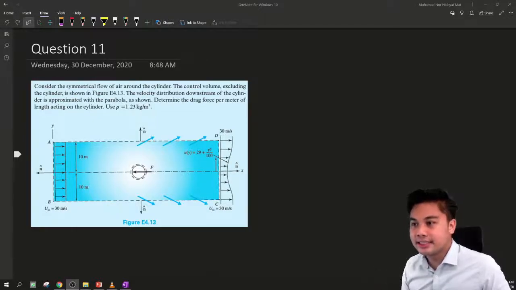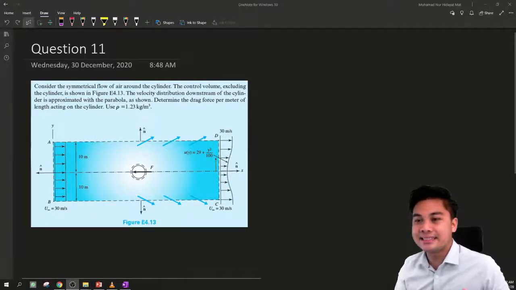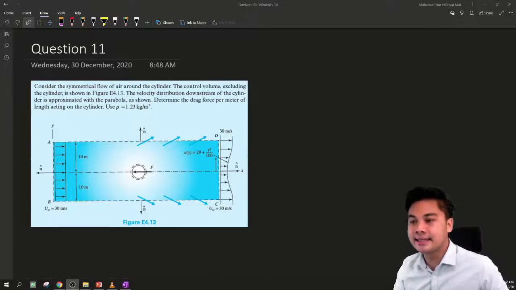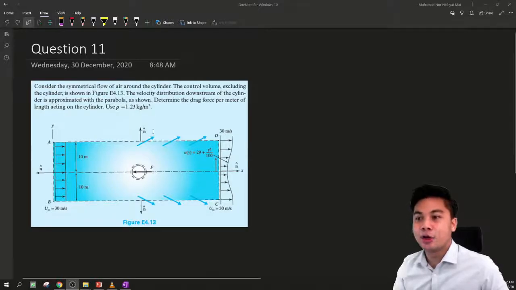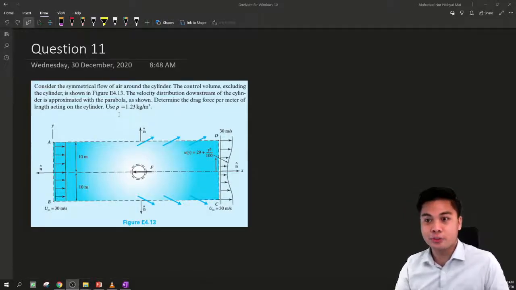The velocity distribution downstream of the cylinder is approximated with the parabola as shown. Determine the drag force per meter of length acting on the cylinder. Use rho, which is density, equal to 1.23 kilograms per meter cubed.